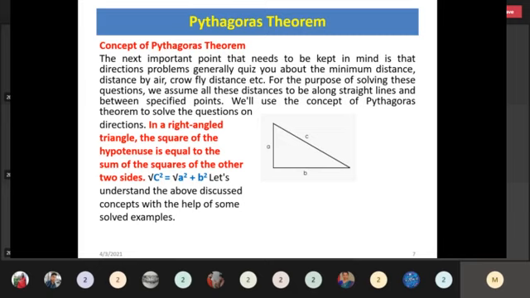For example, the hypotenuse is designated by c, and the other two sides are a and b in the diagram. So c is equal to the square root of a square plus b square, so that we can very easily solve the problems.